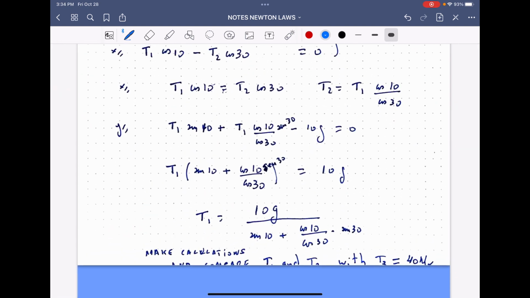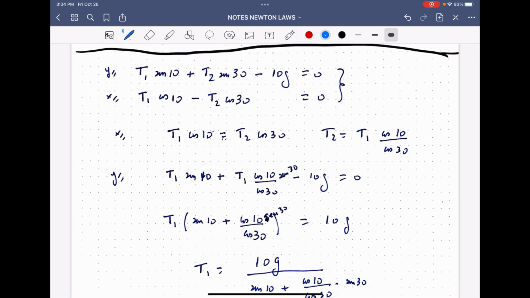And then we arrive at the algebra of it. So we got the two equations here, and we just plugged in the numbers. Then we have this system of equations: the equation for y right here and the equation for x right here.